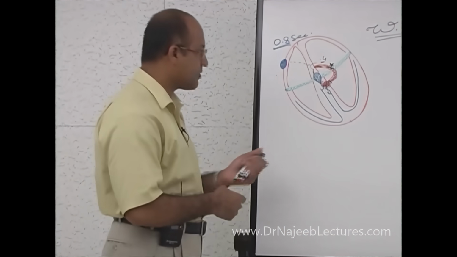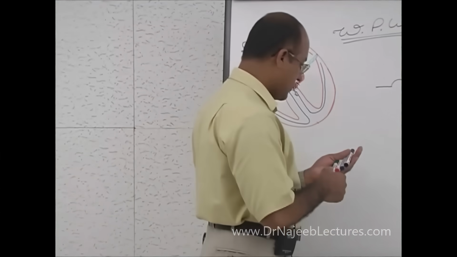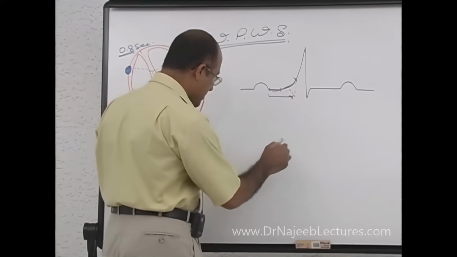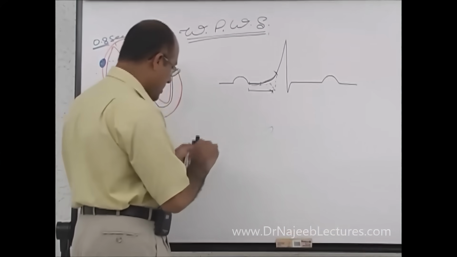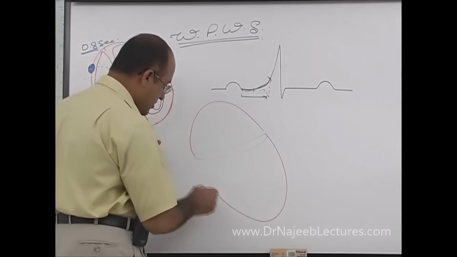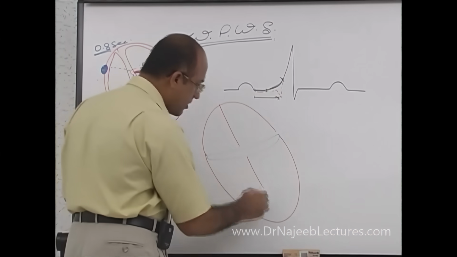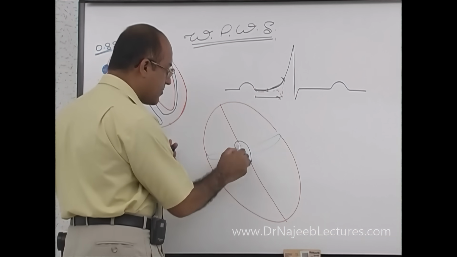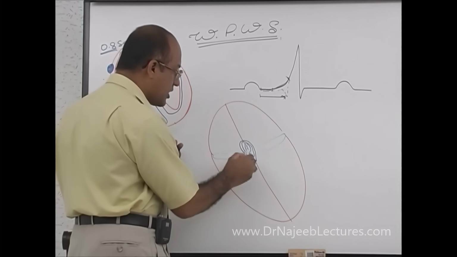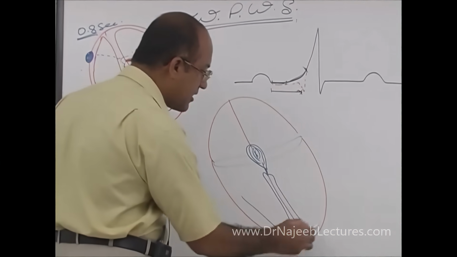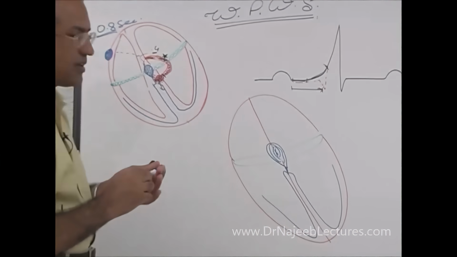One more example I would love to give you, and in that case, let's take another example of junctional tachycardia. In the second example, what we really see is that there is no bundle of Kent, there is no pathological connection, but within the AV node, listen carefully, within the AV node, two types of pathway are there, right?